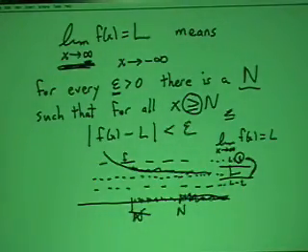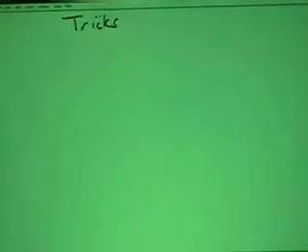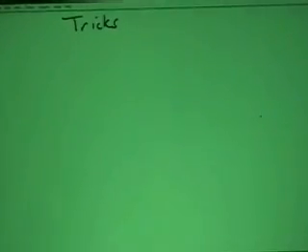So what we're going to be doing now is looking at tricks for doing these problems. So actually, I think that's what I want to call this part, tricks. Not shortcuts, but tricks. And the thing is that these tricks you will find useful later this semester.